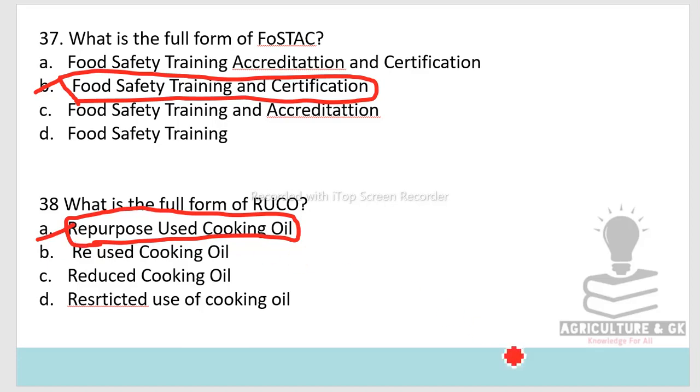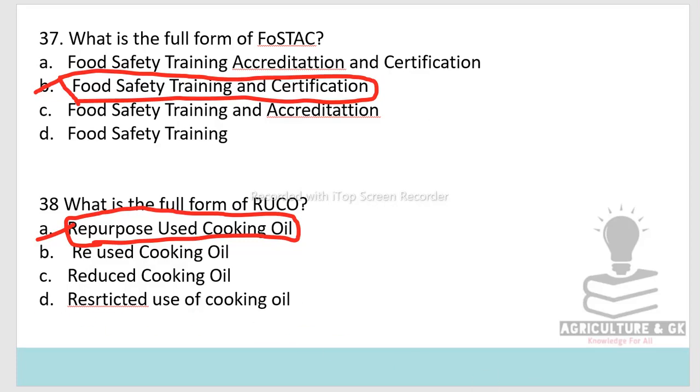Option A will be the right answer. And it is the same cooking oil that is used for repeated frying. It can also adversely affect health. So FSSAI has made certain guidelines for RUCO. And what is it? RUCO, it is repurpose used cooking oil.